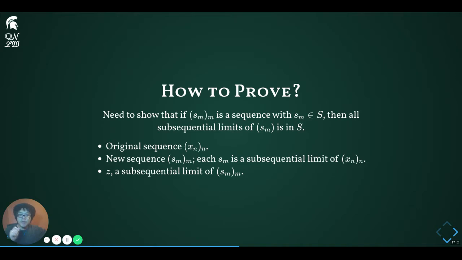We want to prove that z is also a subsequential limit of x sub n. Before moving on from this slide, please pause the video to make sure you understand the logic. If not, feel free to ask on Piazza.